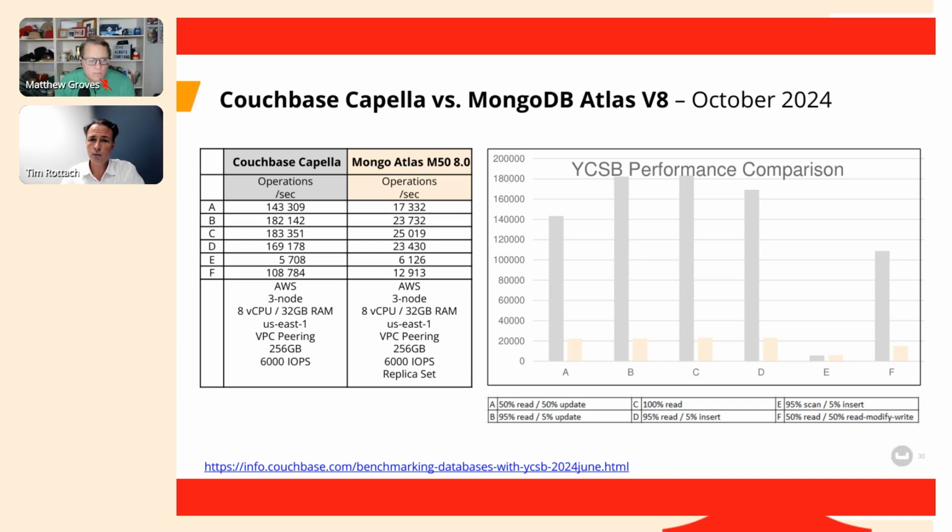So we'd encourage you to always do this yourself, looking at your own configuration and your own scenarios. But this is something that we recently ran, looking at a 3-node system on AWS for both us and Mongo Atlas. And this was run against their version 8, so their newest release. And you can see across almost every single workload here that Couchbase Capella is still far ahead in terms of performance and throughput.